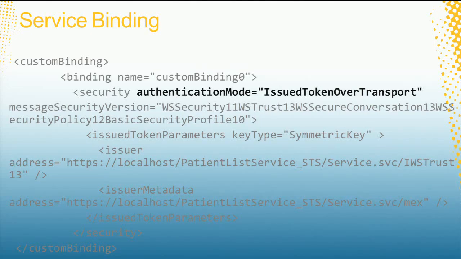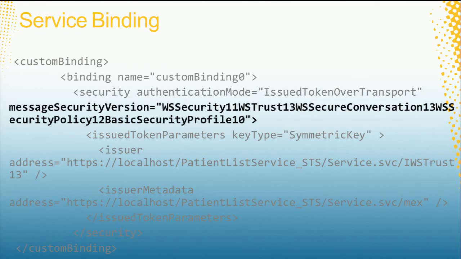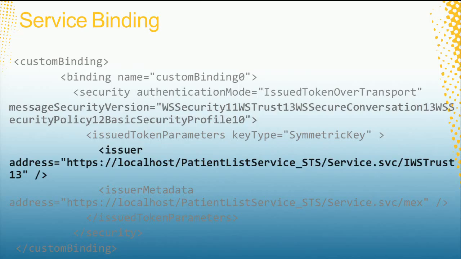So this is an issue token binding, which means this service requires a token, a SAML token, to authenticate. There's this long string, which represents the security protocols that are being used. I won't bother to elaborate too much on that, but it's important to get it right. And then there's also specifying the endpoint that the token is going to be retrieved from.